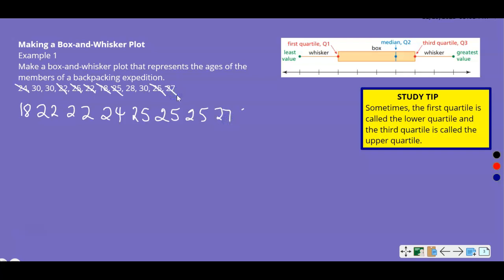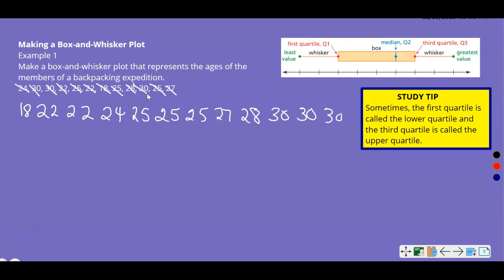And then 28. And then we have 30, 3 times. And that is all of our numbers ordered from least to greatest.